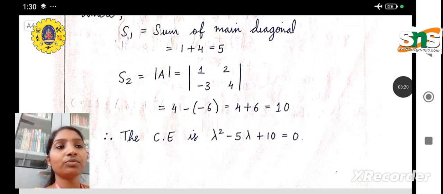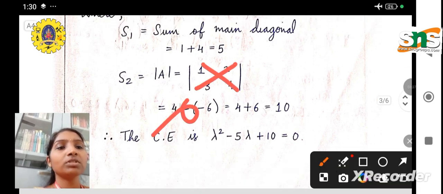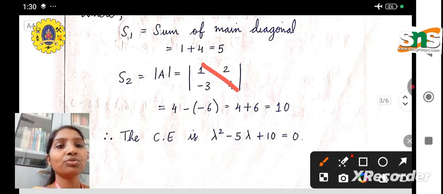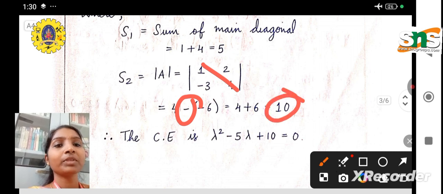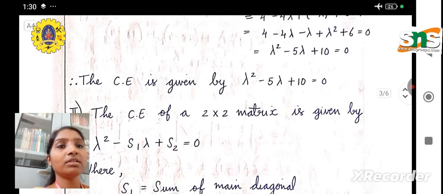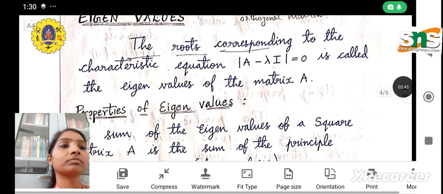We will be just cross multiplying and we will put a minus in between. So this is what we have got here. 1 into 4 is 4, minus 3 into 2 is minus 6, and we have got a minus in between, therefore the value is 10. And the characteristic equation is lambda square minus 5 lambda plus 10 is equal to 0. So this is how we get the characteristic equation using the direct method and the formula method.